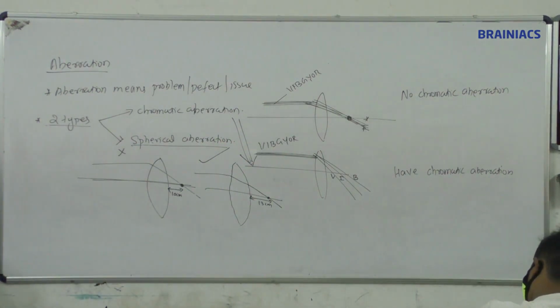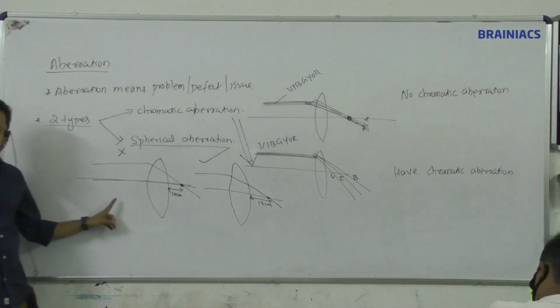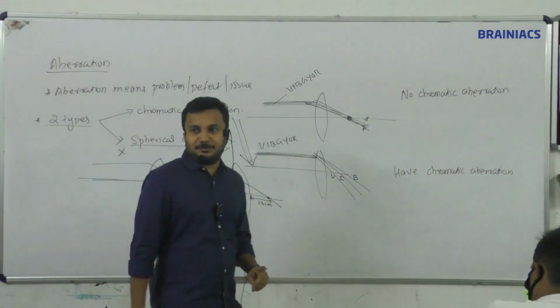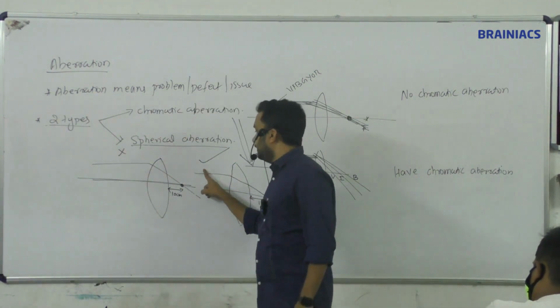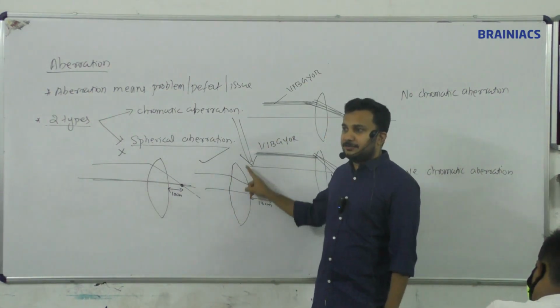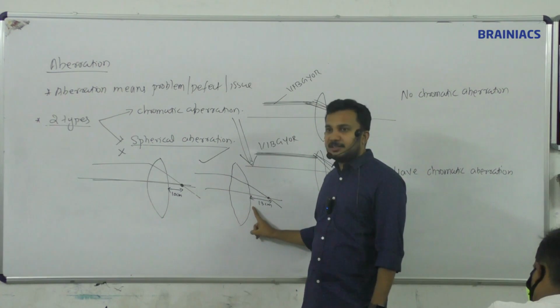A lens in the diagram you can draw. What I told you: the inability of the lens to focus the light rays due to the manufacturing defects of the lens.